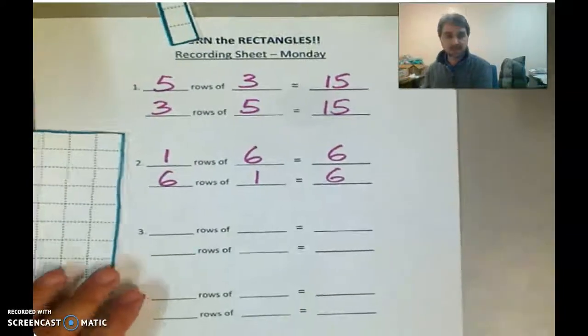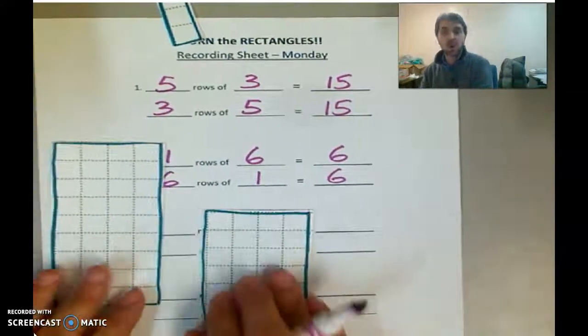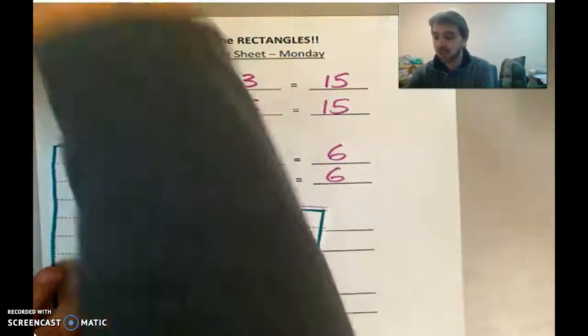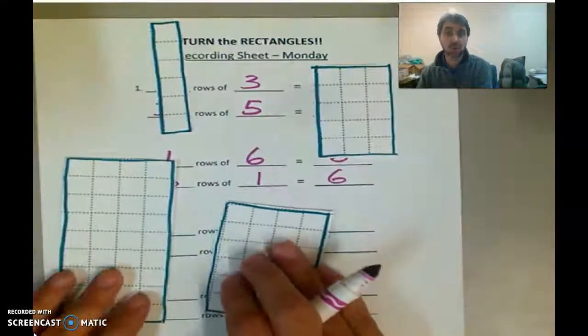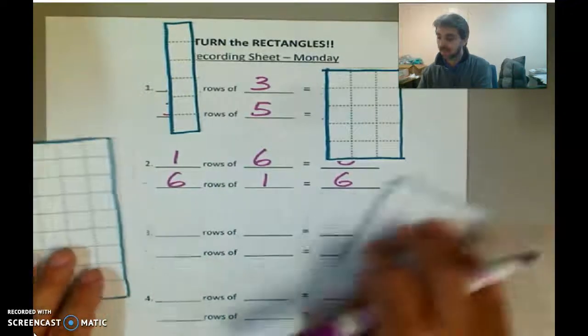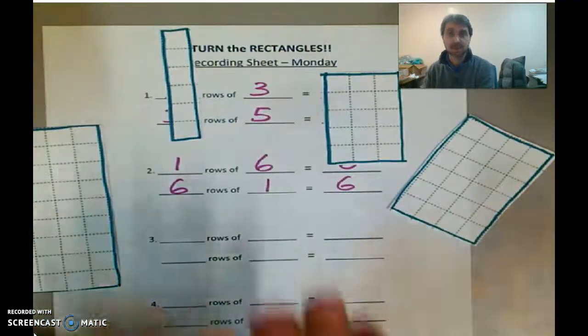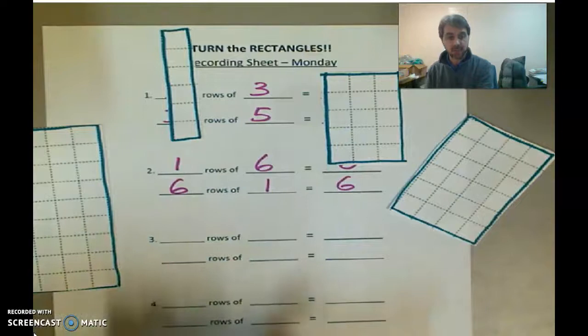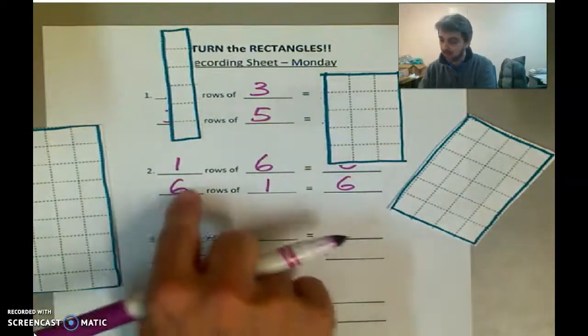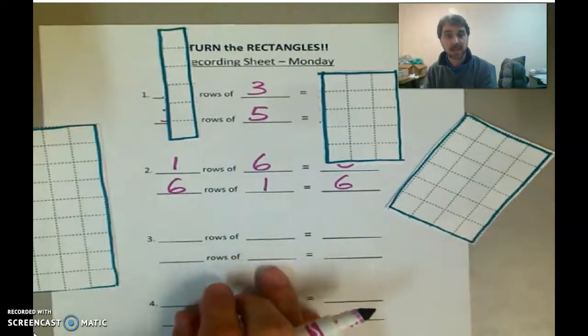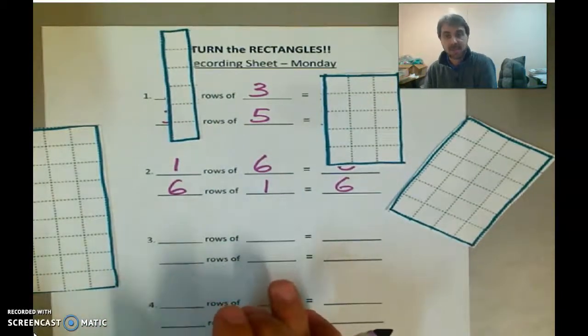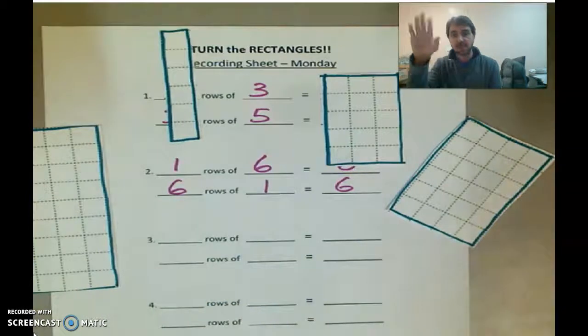The last thing I'm going to tell you is this. Hold on to your rectangles because we're going to use them tomorrow when we do the distributive property. Don't get rid of your rectangles, okay? But you want to fill this in the same way that I'm doing it. You fill it in, you turn it, and then you write the next. You fill in the next row, and you'll see that 1 row of 6 is the same as 6 rows of 1.